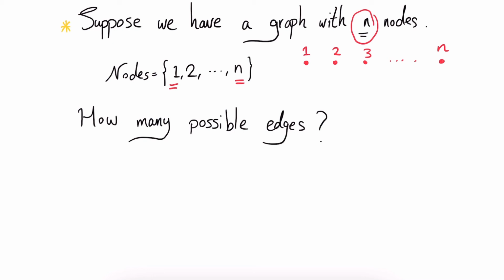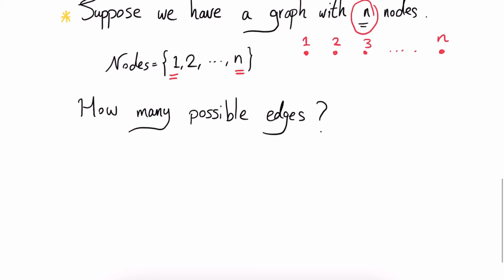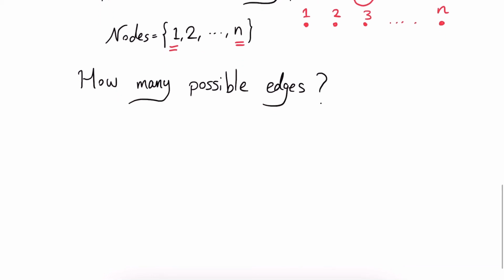So my first question for you is: how many edges are possible to exist in this graph? Let me tell you an example. Suppose that we have a graph with two nodes. So we only have node 1 and we only have node 2.